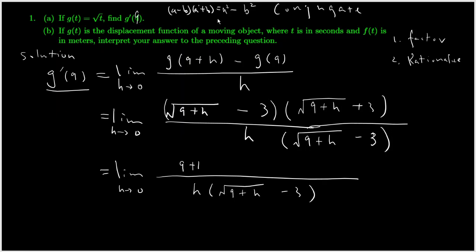So does it make sense? You have 9 plus h. The square root, the whole thing squared, is equal to 9 plus h, right? But you do need to make sure 9 plus h is positive. But h is tiny when taking the limit, so 9 plus h is positive. Does that make sense? And then minus b squared.